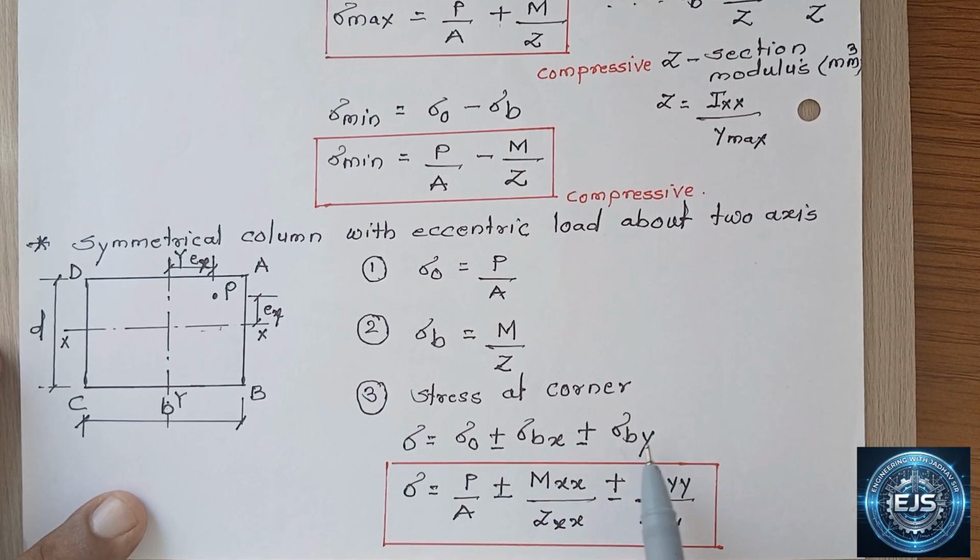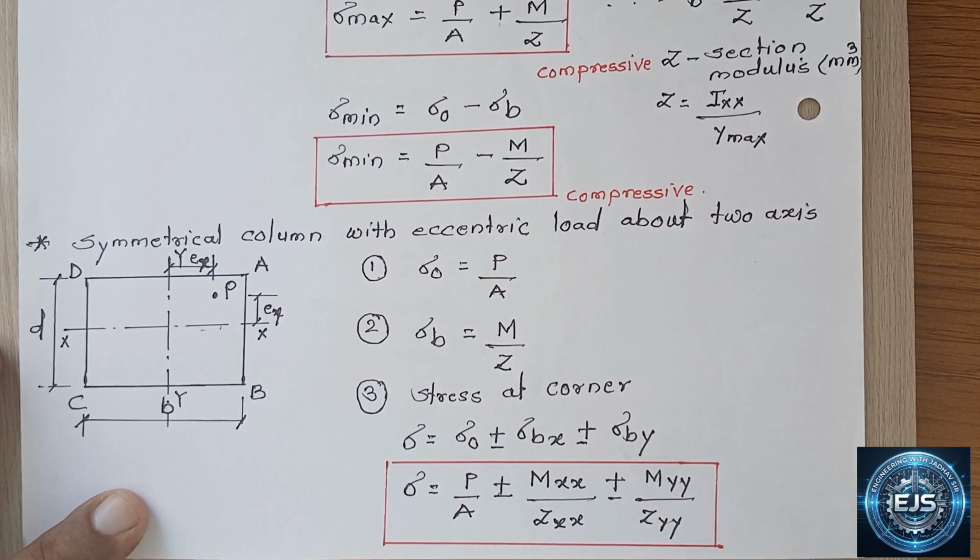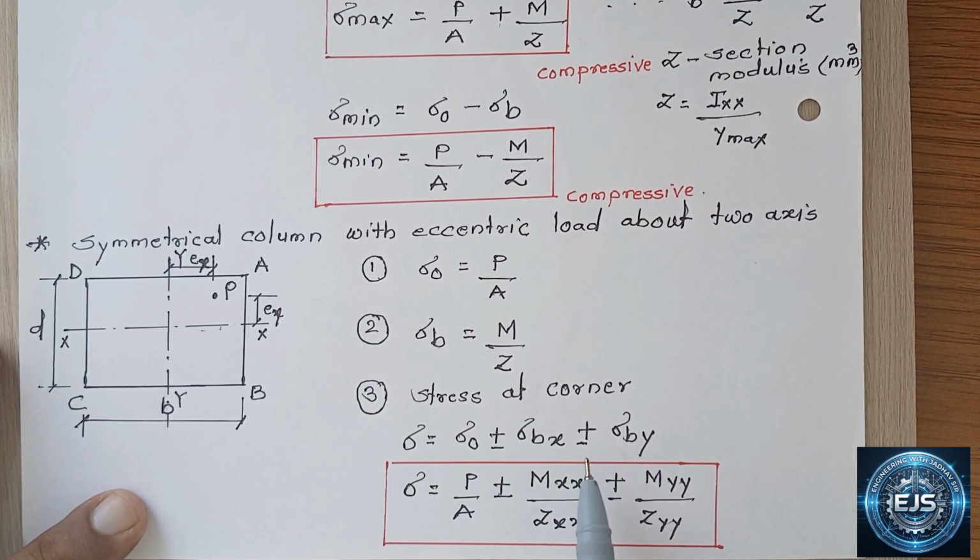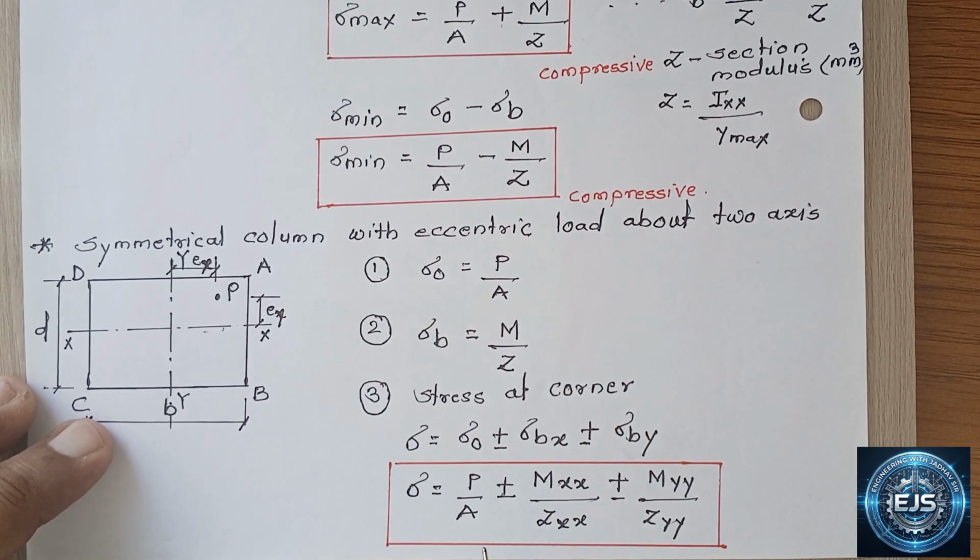Bending stress about x-axis. What is sigma by? Bending stress about y-axis. So यहाँ प्लस माइनस लिखा है हमने क्योंकि ये जनरलाइज इक्वेशन है. कुछ कॉर्नर्स पे सिग्मा बी एक्स प्लस रहेगा, कुछ कॉर्नर्स पे माइनस रहेगा, सिमिलरली सिग्मा बी वाई कुछ कॉर्नर्स पे प्लस रहेगा और कुछ कॉर्नर्स पे माइनस रहेगा. वो हम प्रॉब्लम में डिस्कस करेंगे. इसके ऊपर एक हम प्रॉब्लम लेने वाले, वो प्रॉब्लम इंपॉर्टेंट है एग्जाम पॉइंट ऑफ व्यू.